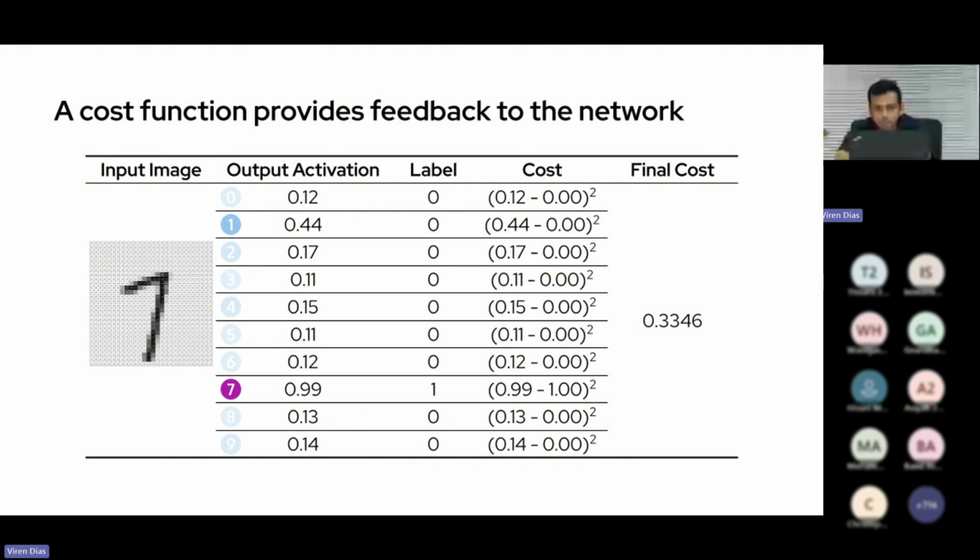So even though it does get the classification correct, the cost function does penalize the network and forces it to improve even further. And of course, when it is wrong, the cost is going to be even larger.